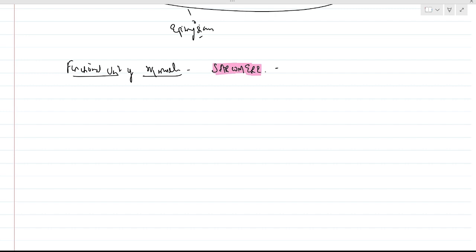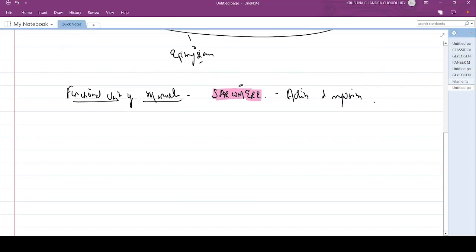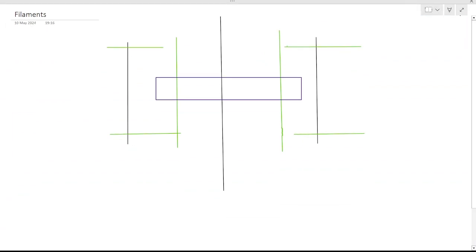The sarcomere is composed of actin and myosin. So we are going to see in detail the structure of this sarcomere. So this is our structure of our sarcomere.